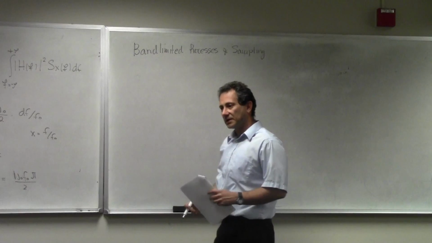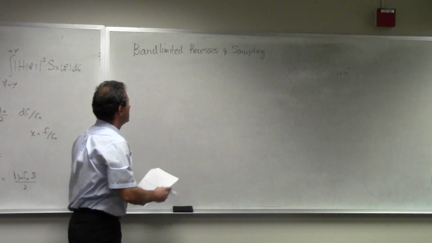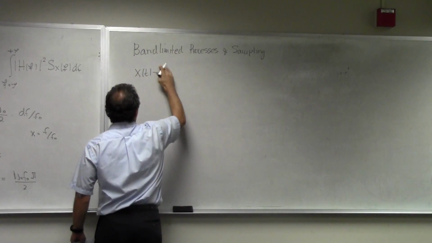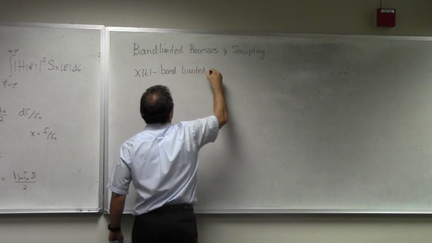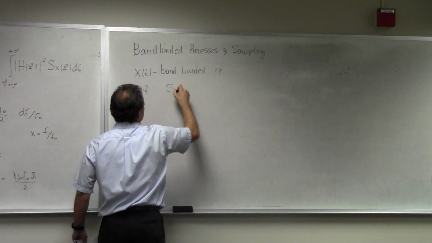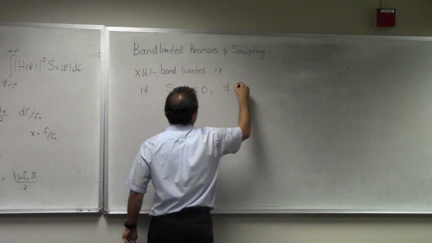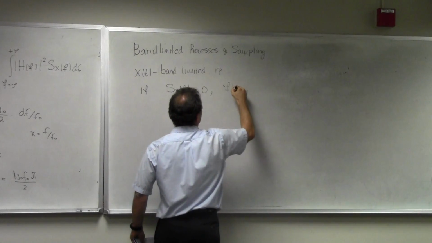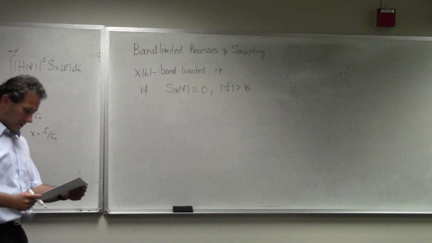Now that we know what the power spectral density is, it allows us to define something that we call a band-limited process. If I have a random process x of t, it is a band-limited random process if S x of f is identically equal to 0 whenever the magnitude of f is greater than some W. That's a strictly mathematical definition.